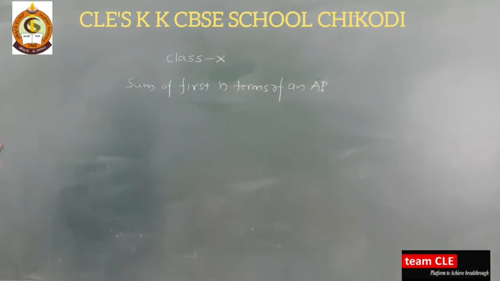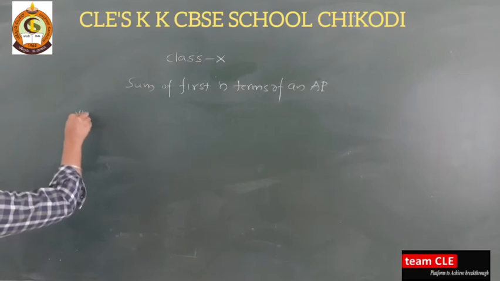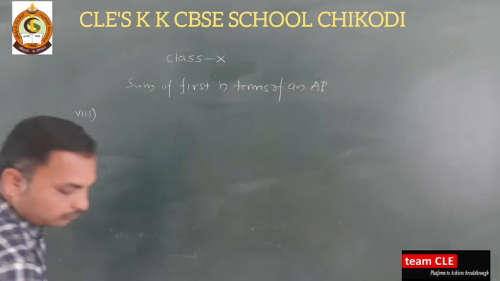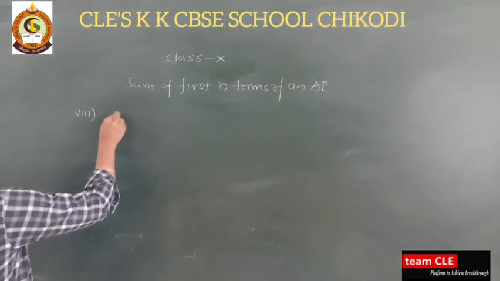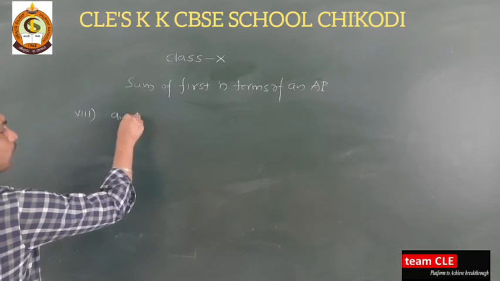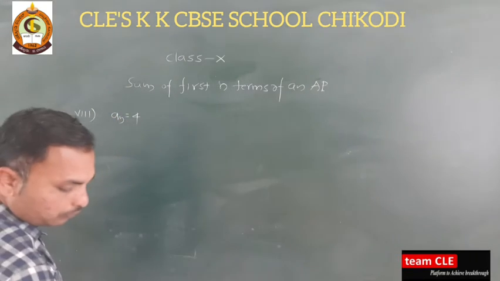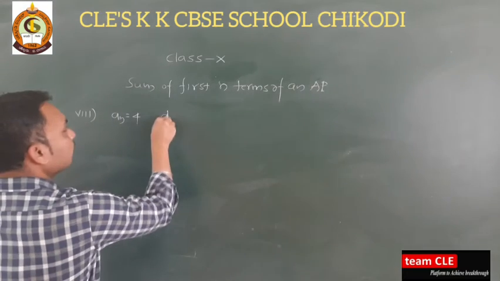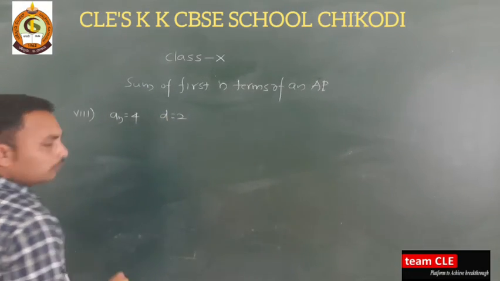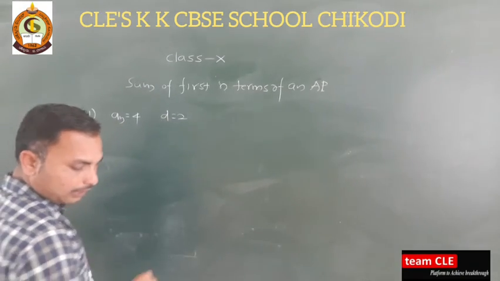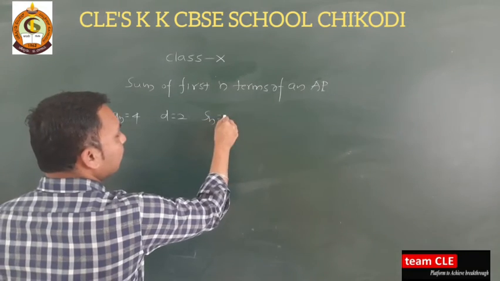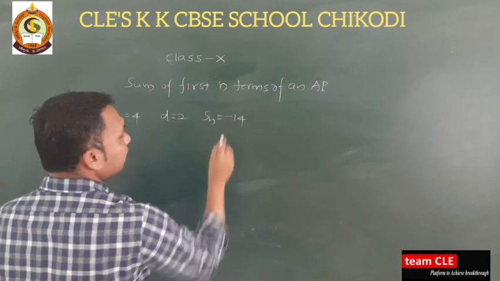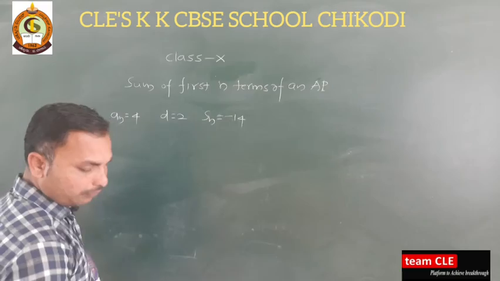Well, question number 8. Given n is equal to 4. Given n is equal to 4, d is equal to 2, Sn is equal to minus 14, find n and a.